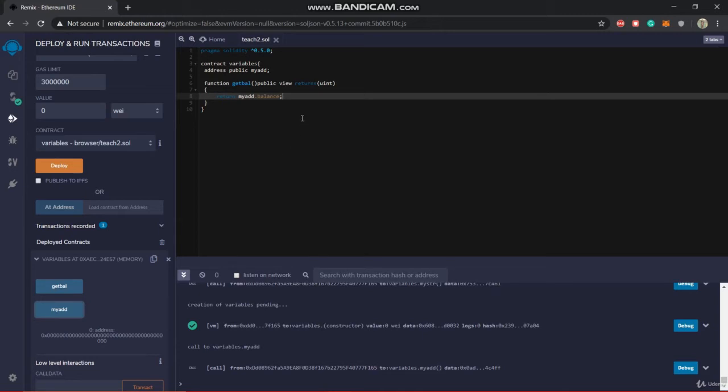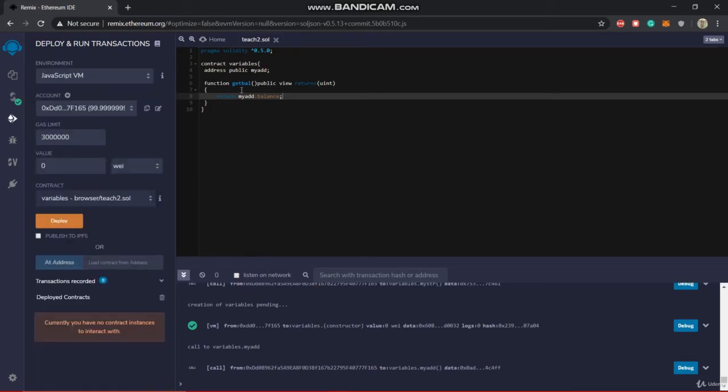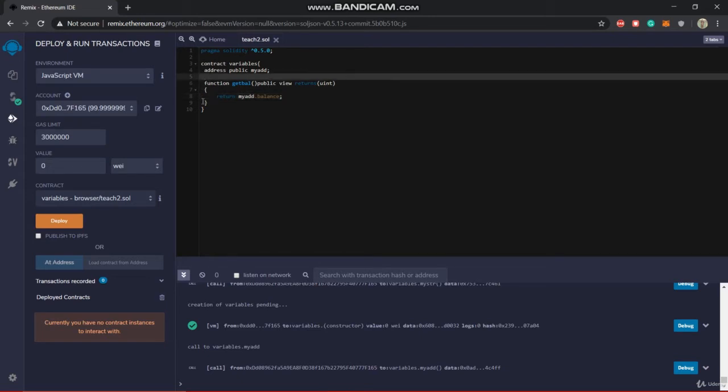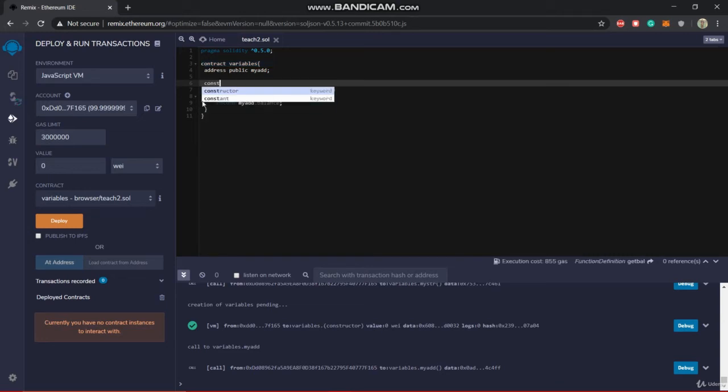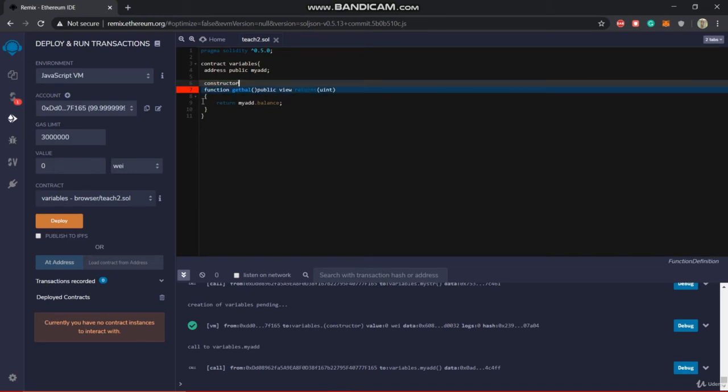Now we have already seen this. Okay, so now you have a getBalance function which takes the balance. Now you can also put one more function which actually sets the address, basically initializes this address. You can actually do it by a special function known as constructor.